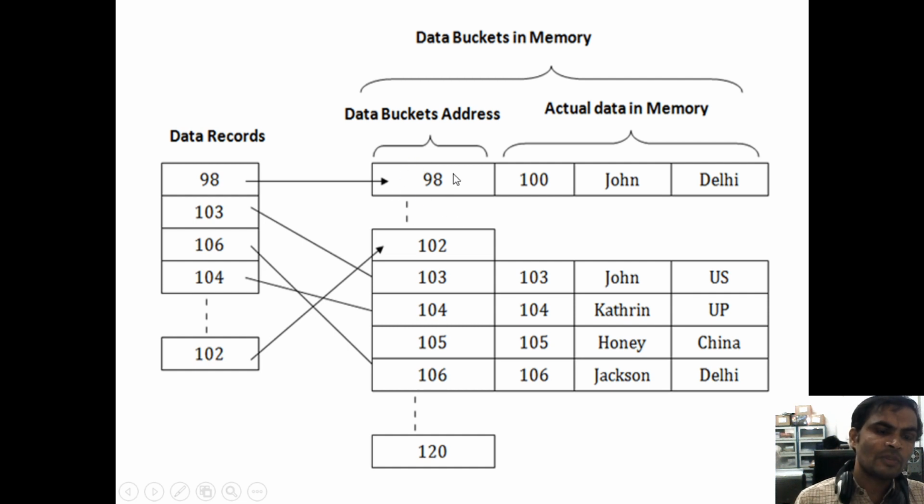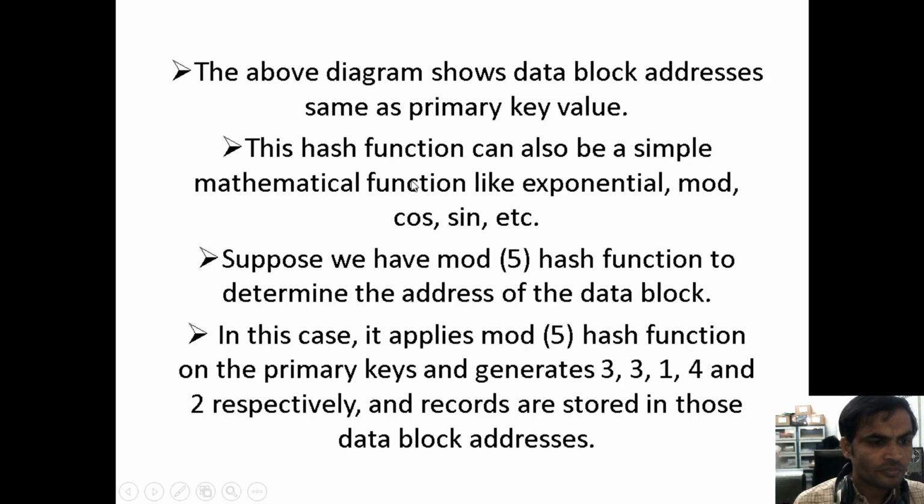Actually, for our understanding we give a value, but internally there is an address, and the value of the record is stored under that address. Suppose we use a mod hash function to determine the address of the data block.